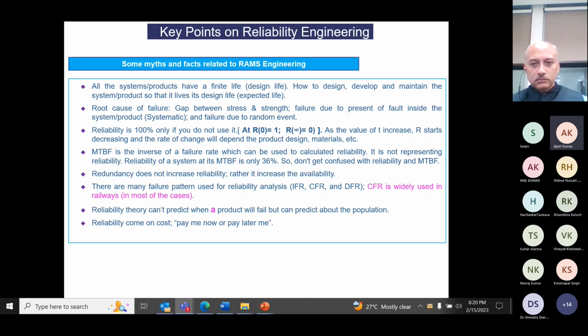It doesn't mean he can give two gears or three gears; he can't. This is the complexity. Redundancy does not increase the reliability of those products, but overall system availability can be increased.